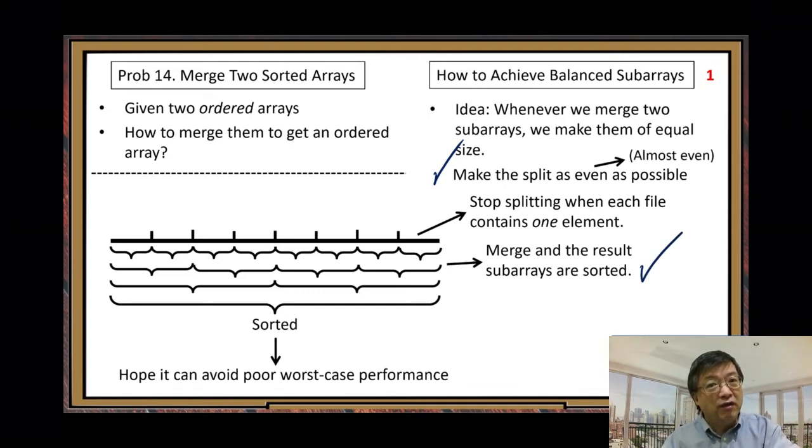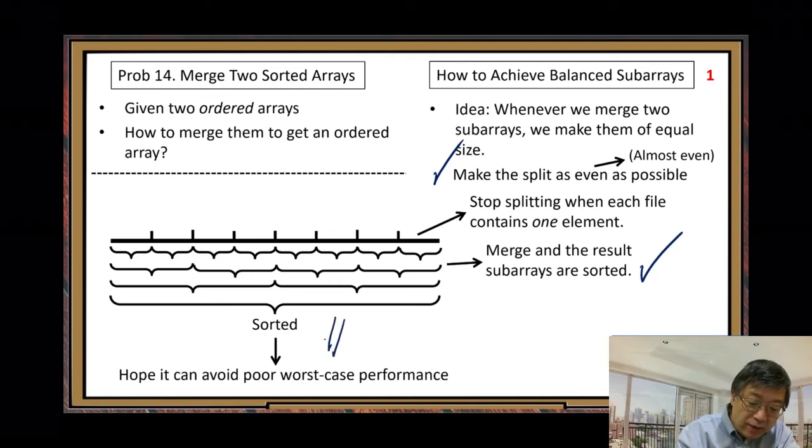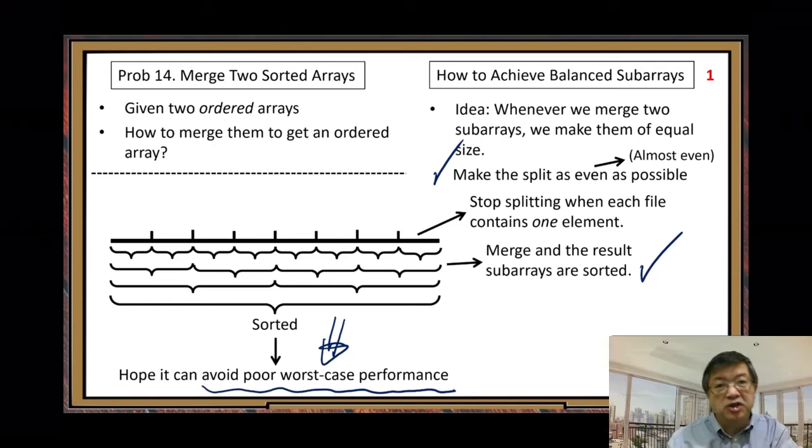If we can solve that main step merge, we get whole problem sorted. Because during the split, we always follow the balancing principle. So as a result, we hope by using this way, we can avoid worst case performance, worst case efficiency.